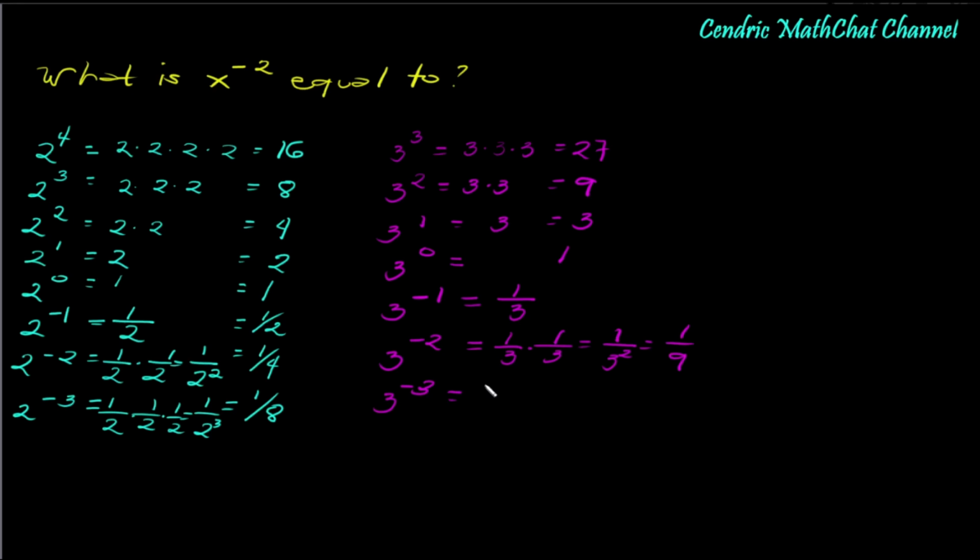So I can write this as 1/3 times 1/3 times 1/3, which can be written as 1 over 3 to the 3rd power, which is 1 over 27. So from here, based on these two examples, balikan natin itong 2 raised to negative 1.